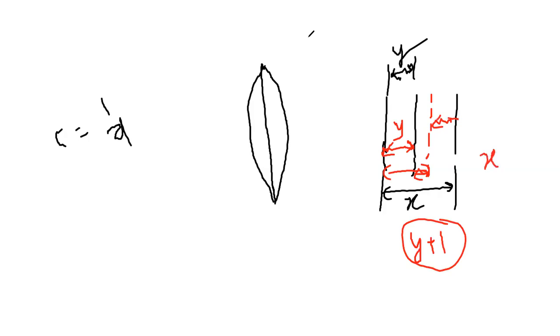And what is going to happen when this plate moves up in this direction? My y becomes y plus 1, so this has been changed to y plus 1, and this other distance is x minus (y plus 1).